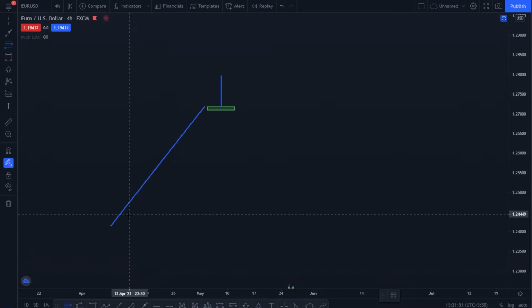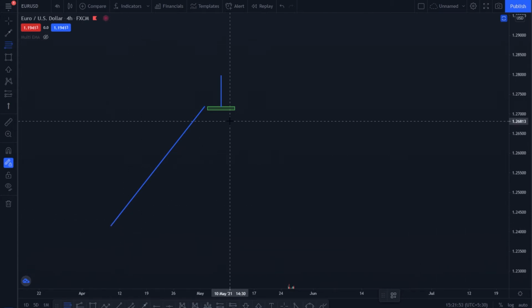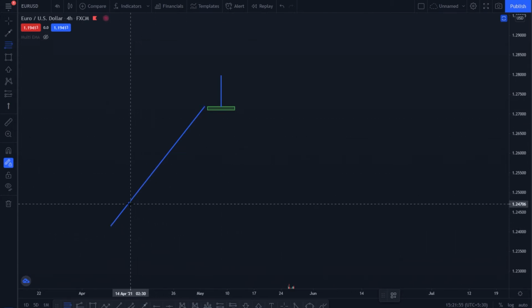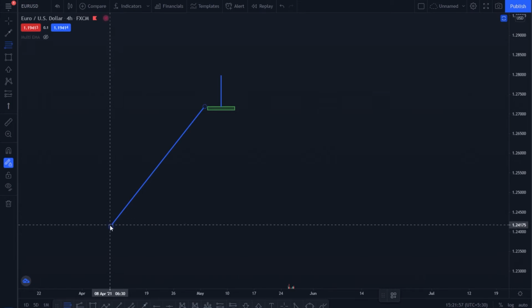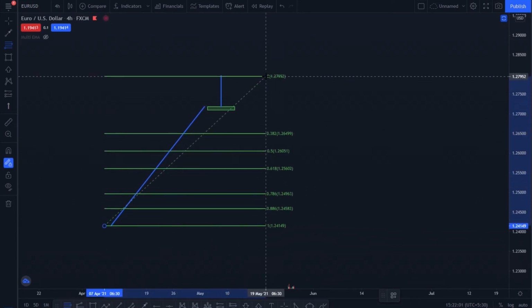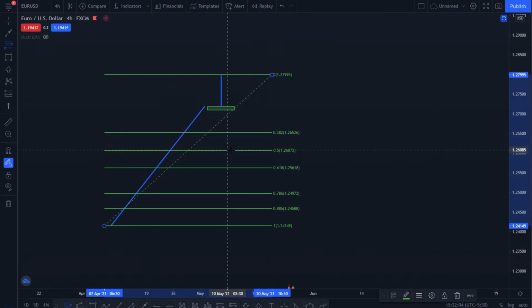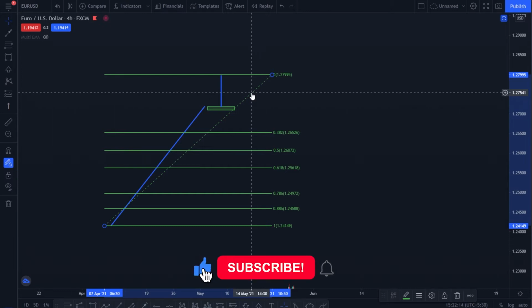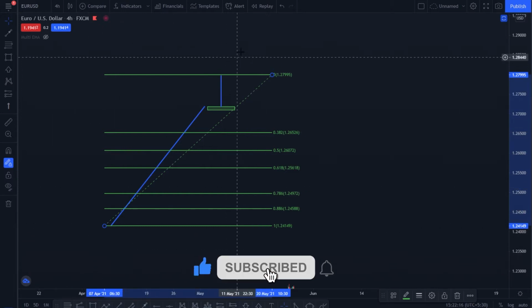Since the impulse move was up, we will take our retracement tool and draw from swing low to swing high. This is always the case. If it is an uptrend and the impulse move is going from swing low to swing high, then you draw the Fibonacci from swing low to swing high.